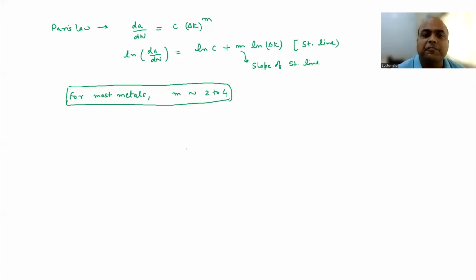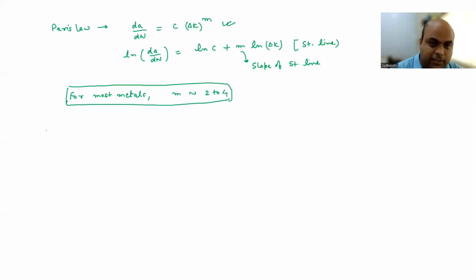So that will also affect your dA by dN, right? There is the effect of underloading, overloading, etc. That we will not discuss in detail. That is not part of this course. But you need to realize that this is the first equation which was given for crack growth rate in stage 2. Later on, many empirical relationships came by considering R ratio effect as well as loading effect, right? Or previous loading effect, loading history effect.